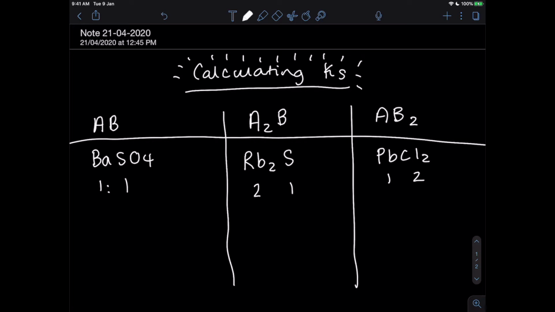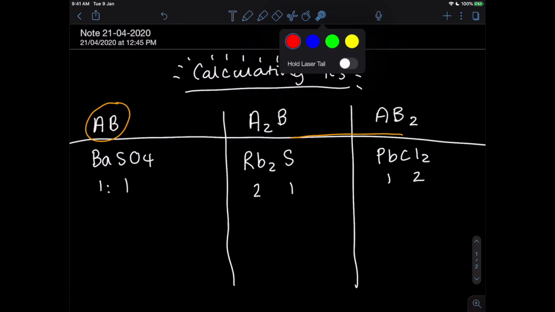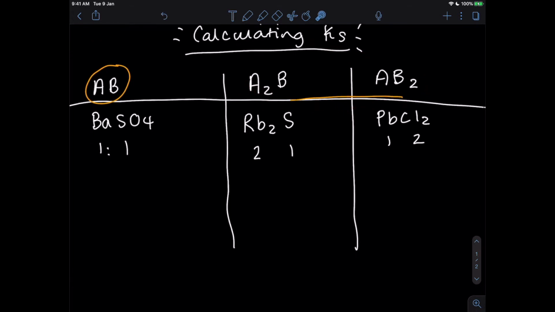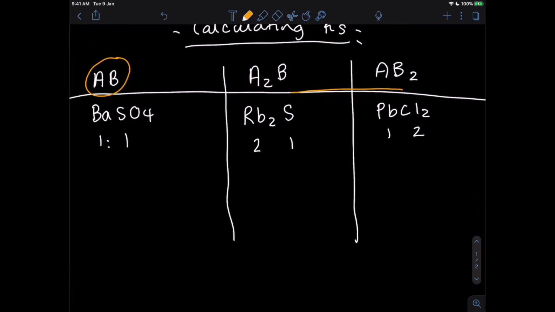So it's actually just that AB has a different way of calculating Ks than A2B and AB2. So these two have got the same method of calculating, and AB does it slightly differently.